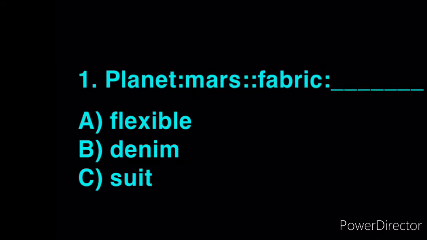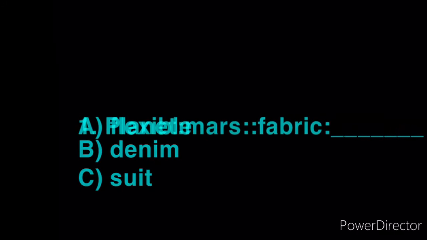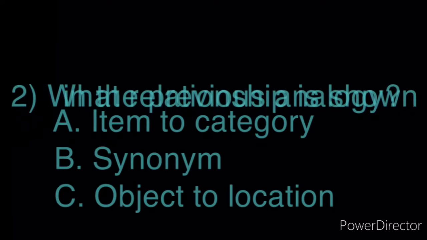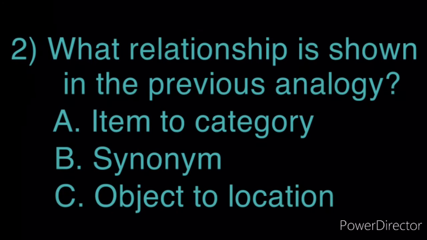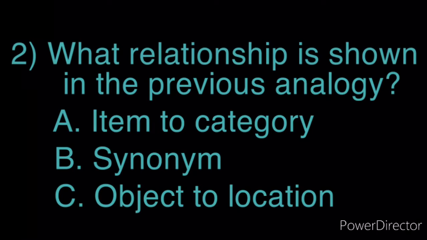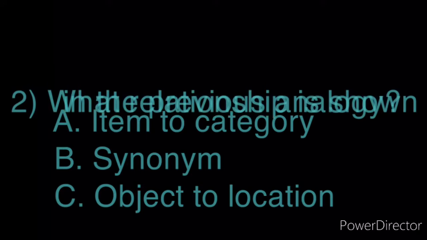C. Suit. What relationship is shown in the previous analogy? A. Item to category. B. Synonym. C. Object to location.